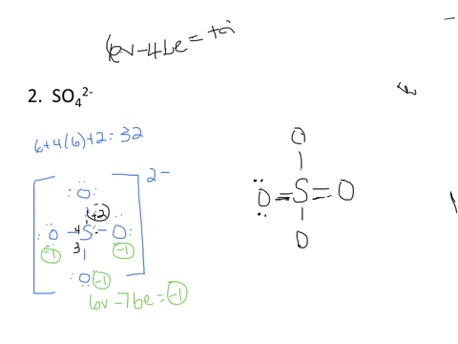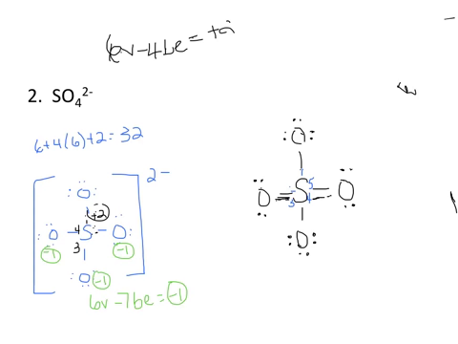If I take away a pair, I add a bond, which is what I'm doing. Now these oxygens here are not changing. They're still going to have their 3 sets of unshared pairs of electrons. So I end up with a structure that looks like that. So let's check the formal charges. If I look at sulfur, if I count the bonds around it, there's 1, 2, 3, 4, 5.